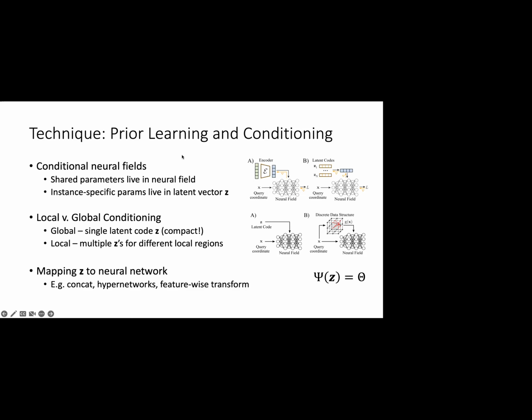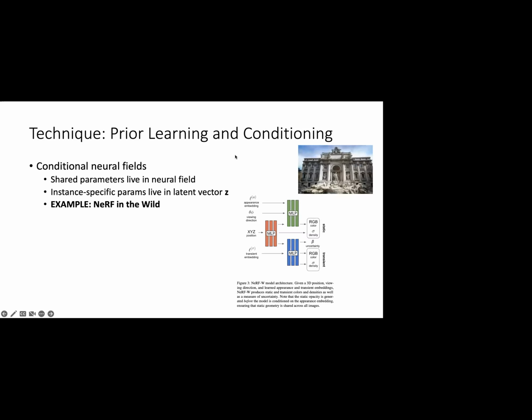So if we go back to that Nerf in the Wild MLP diagram, the input to your neural field MLP is your 3D position and viewing direction. Oh, right, so it looks like in this one, you have your 3D position, put it into the MLP and you get out density.